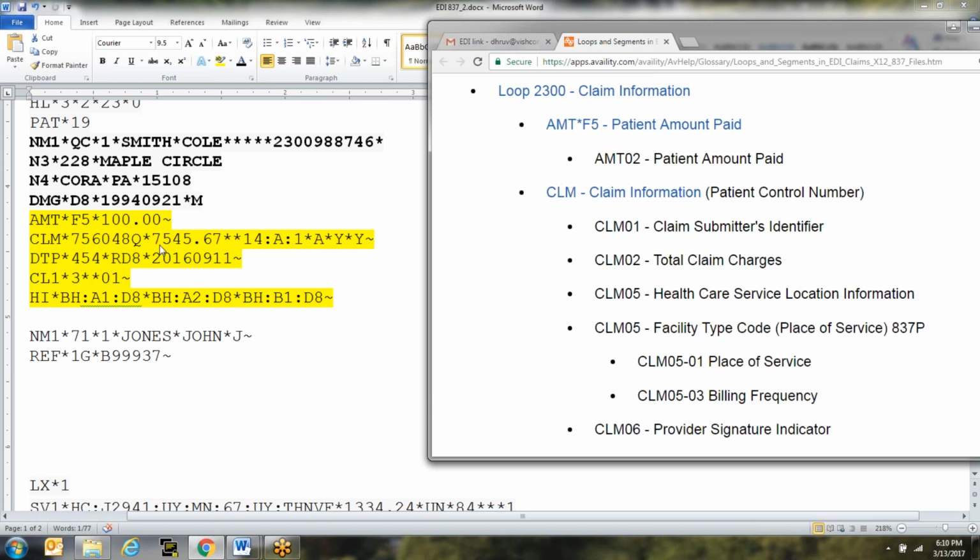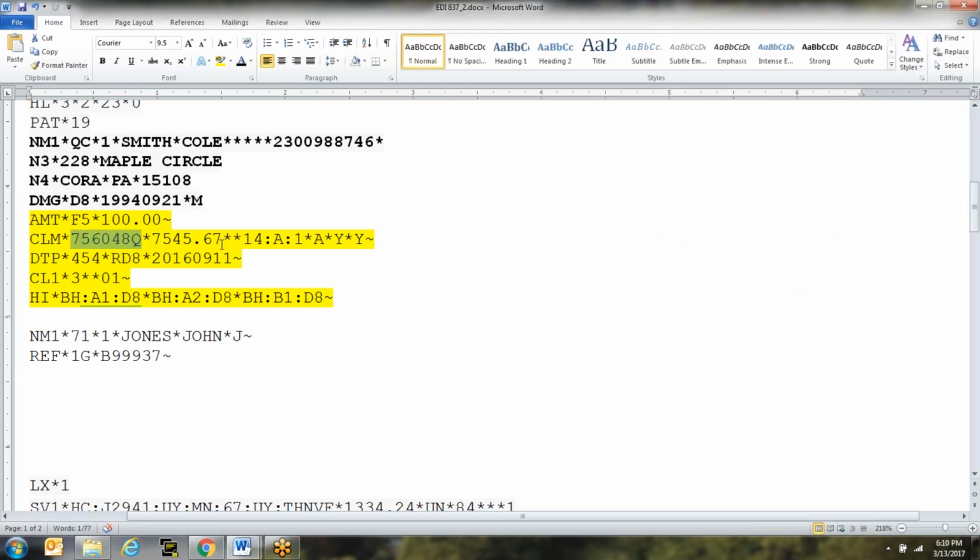CLM02, total claim charges. This is CLM01, this is CLM02. So $7,545.67 is the total bill for this particular patient. This is the money he owes. This is the money being spent on this person's medical care for this particular visit. Then why is he paying only 100?